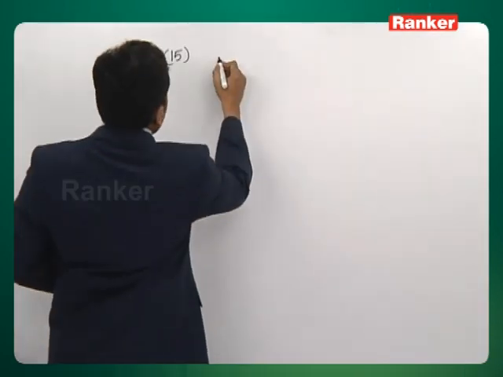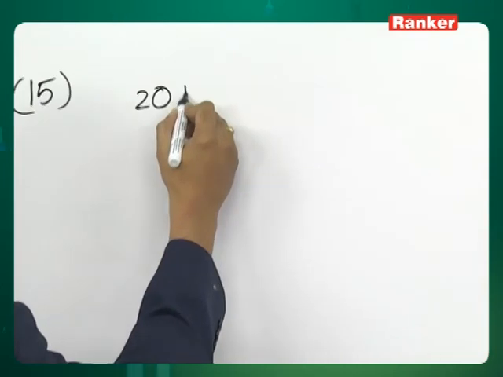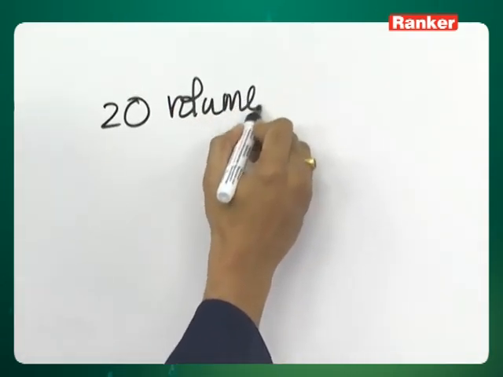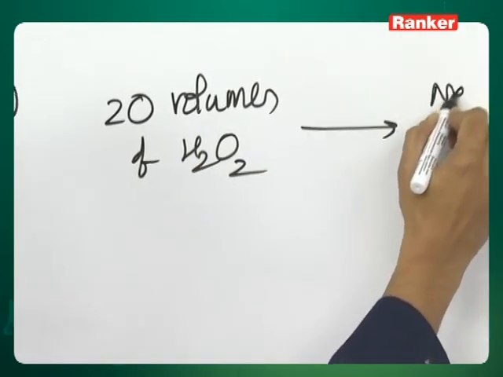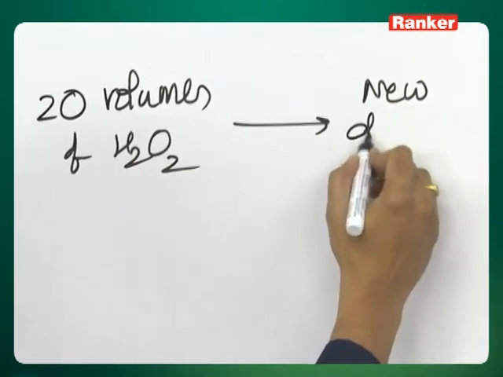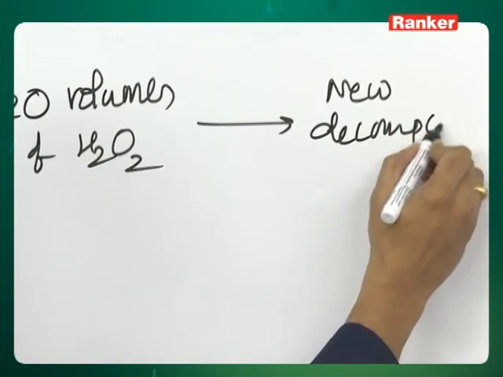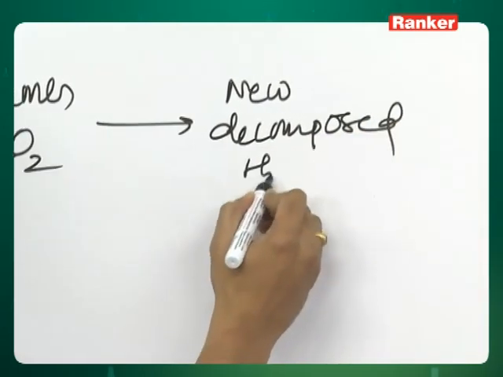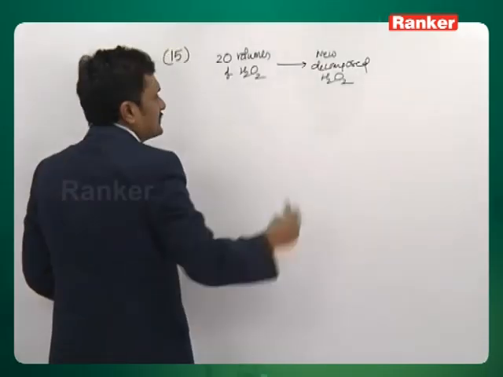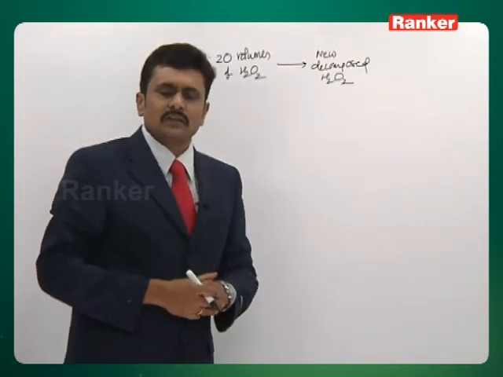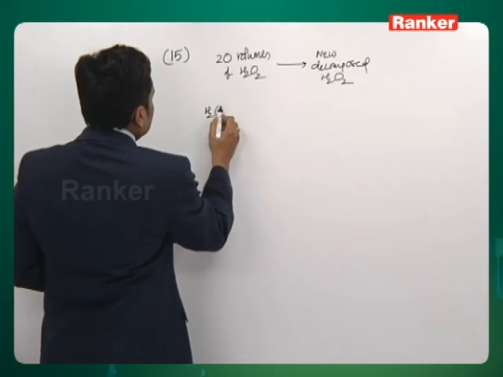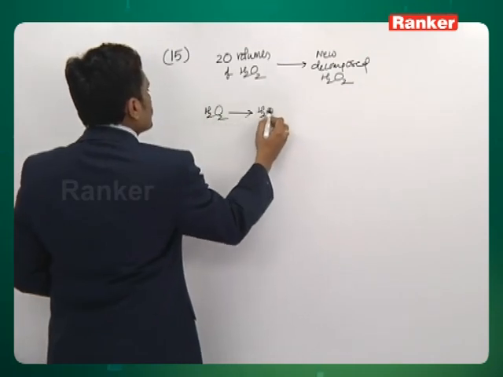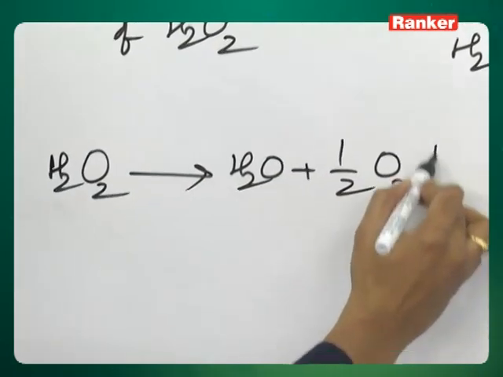Now initially you have the sample of H2O2 which is written as 20 volumes, which was left open for some time. Then we got a new sample or decomposed sample of H2O2. Its volume strength obviously will decrease because of the decomposition of H2O2, because you know that H2O2 is decomposing at room temperature itself, it's a disproportionation reaction.